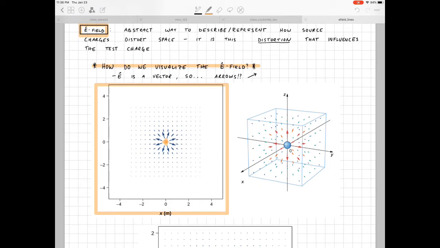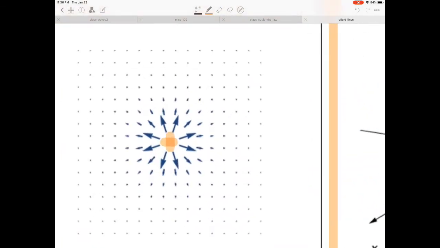And you'll notice that if we zoom in here, the vectors are large really close to the charge, and they're getting smaller and smaller as you move further away. And in fact, they're getting smaller like 1 over r squared.